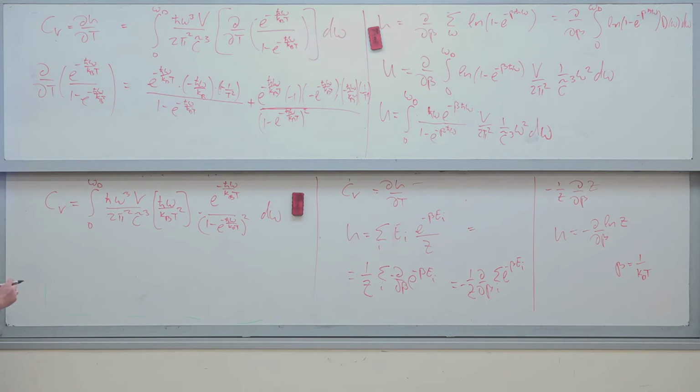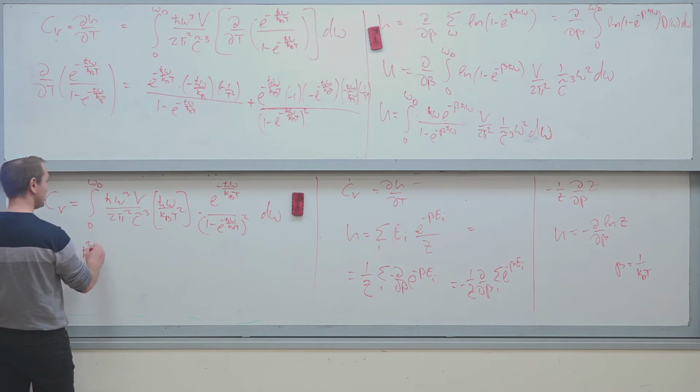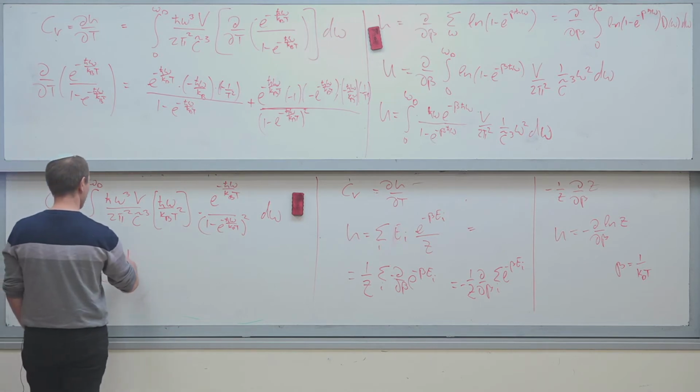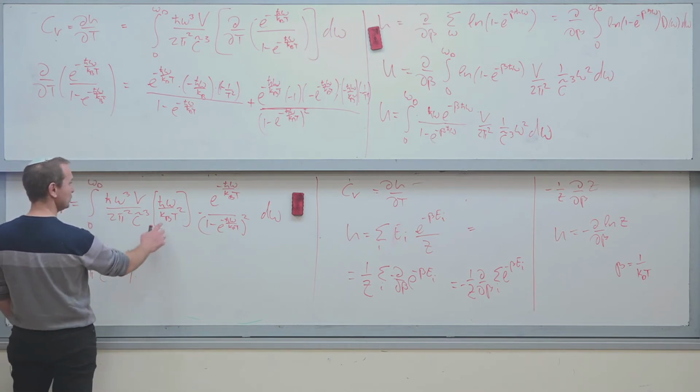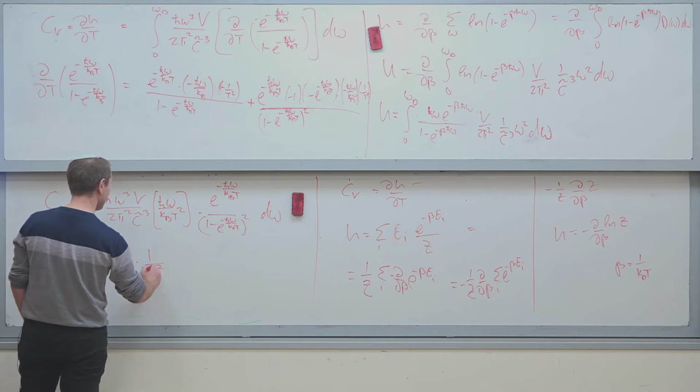Very nice. Now, I want to take out of this integral several things that are simply not dependent on omega. So we have here h bar squared V, 2 pi squared c tilde to the third, 1 over T k Boltzmann, 1 over T squared.